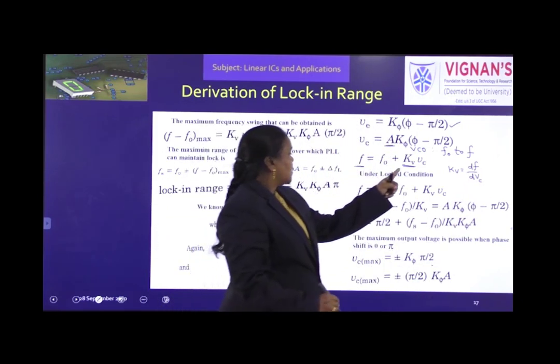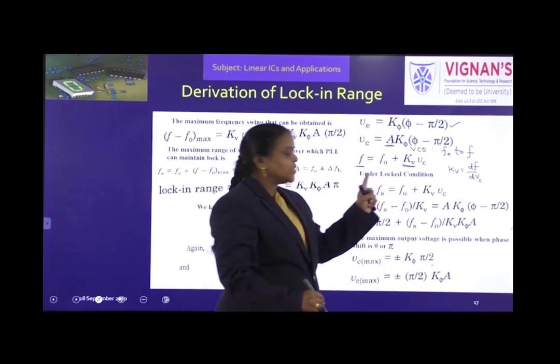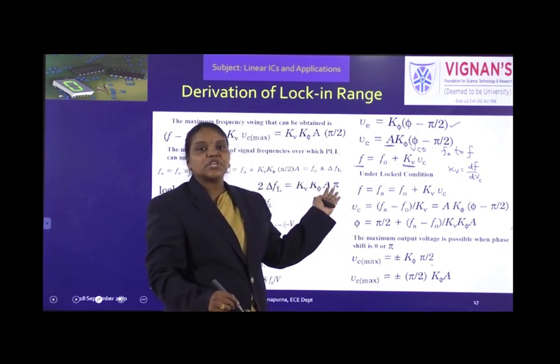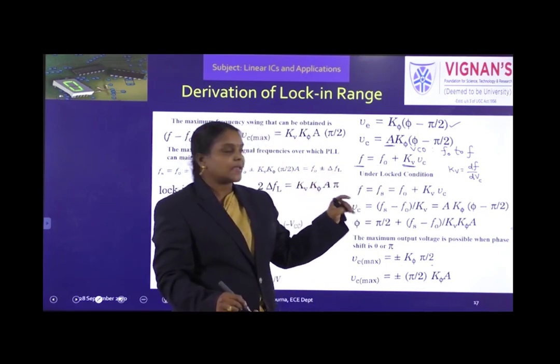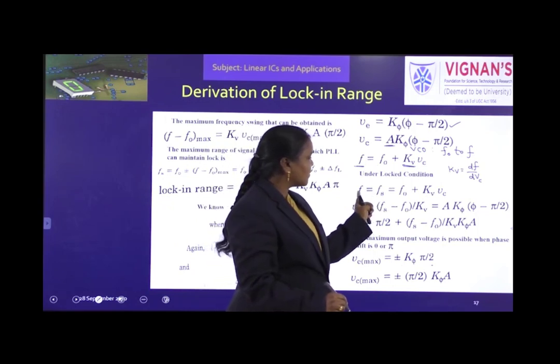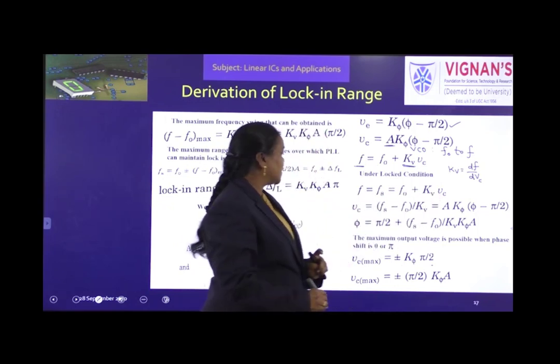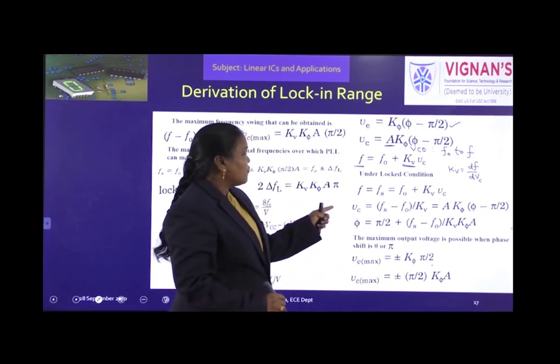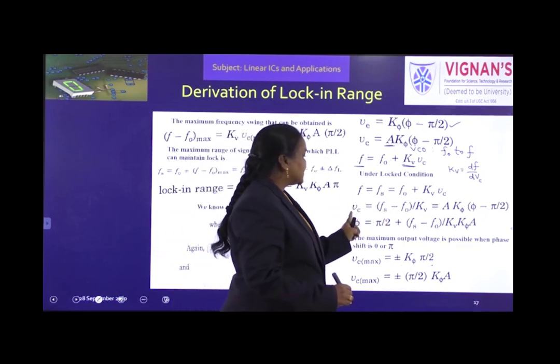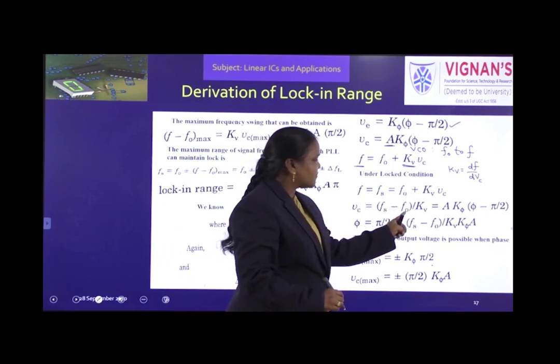Okay. And then under the locked condition, the incoming signal frequency and VCO signal frequency are the same. So F is equal to Fs, that is equal to F0 plus kV into VC. Now from this, if you simplify, VC is equal to (Fs minus F0) by kV.